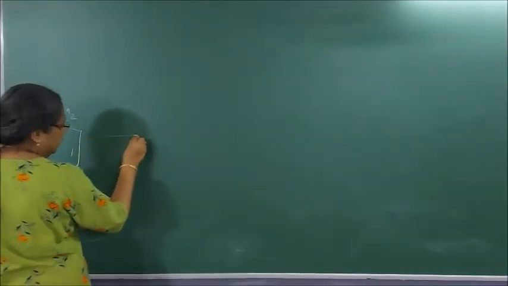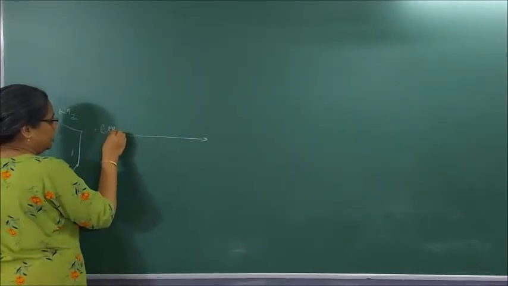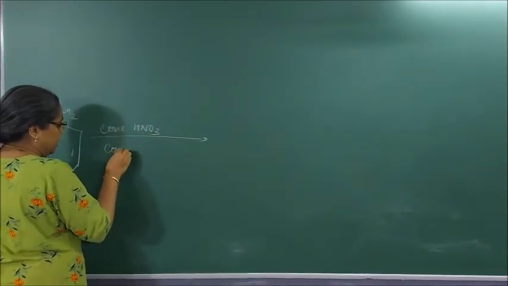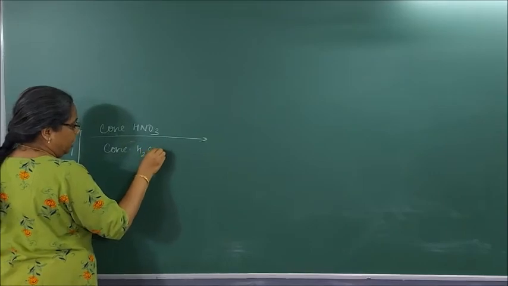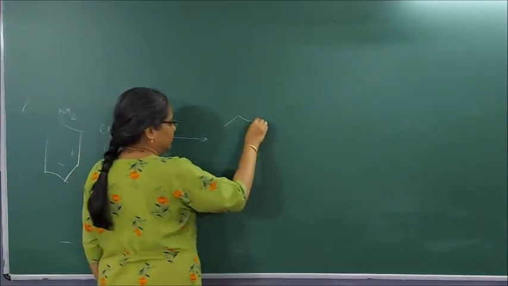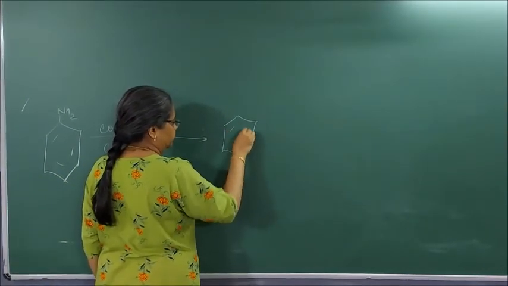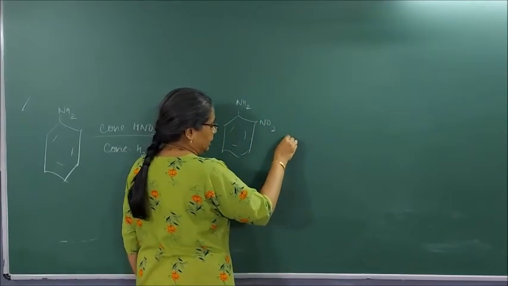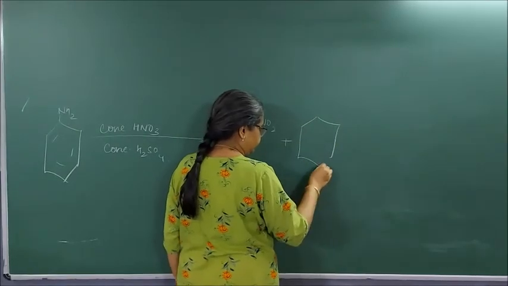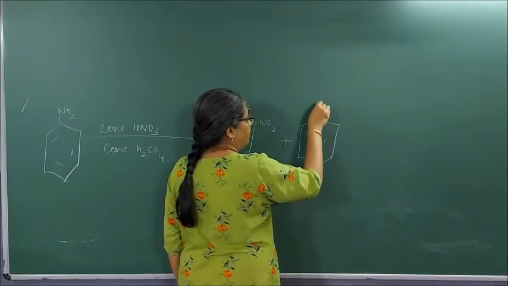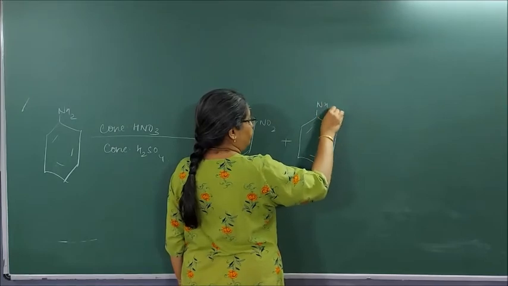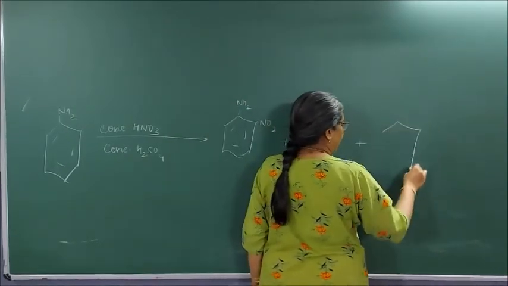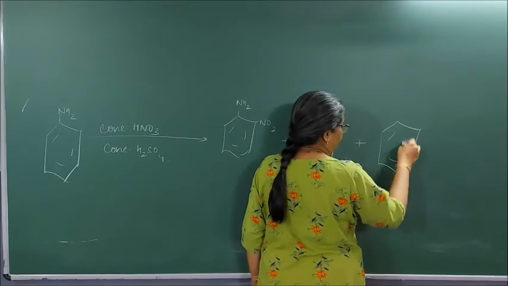So when this aniline reacts with concentrated HNO3 and concentrated H2SO4, it forms orthonitroaniline, metanitroaniline and paranitroaniline.